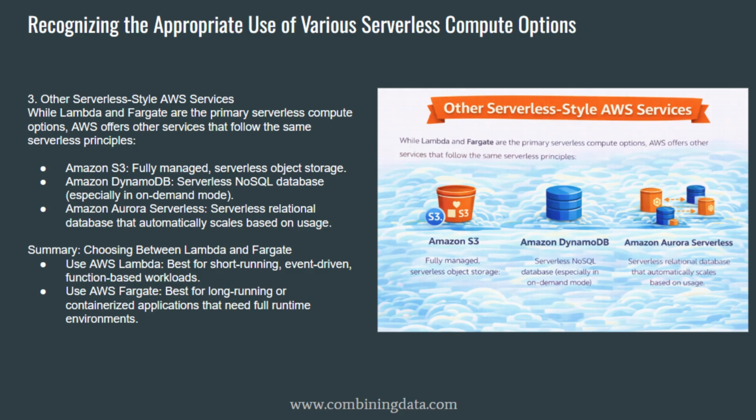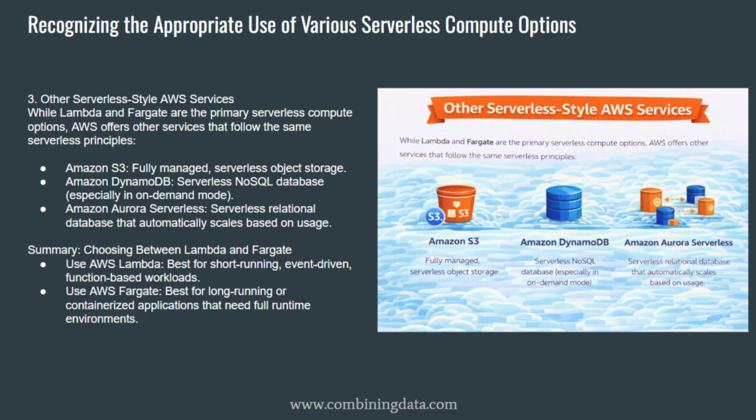Amazon DynamoDB, serverless NoSQL database. Amazon Aurora Serverless, auto-scaling relational database. You don't provision servers, you don't manage capacity, and you pay only for usage. These services reinforce the serverless mindset, even if they are not compute engines themselves.